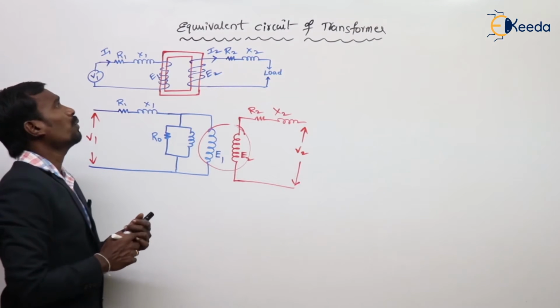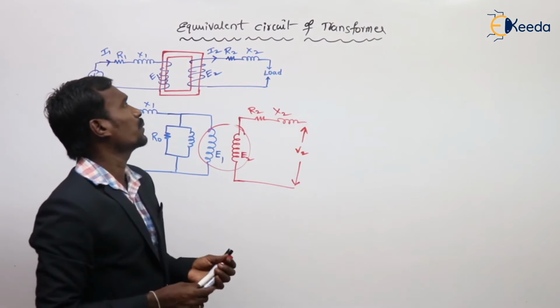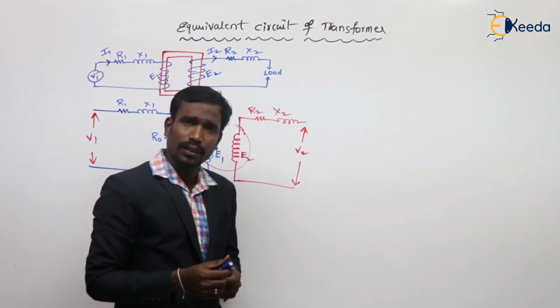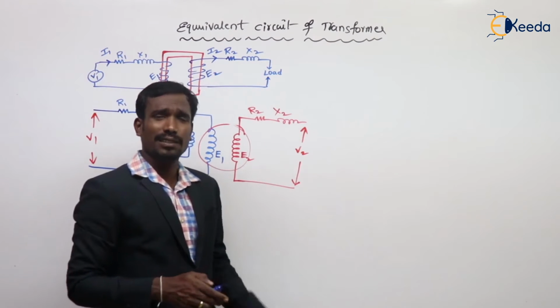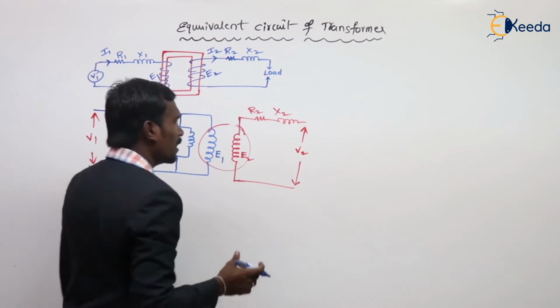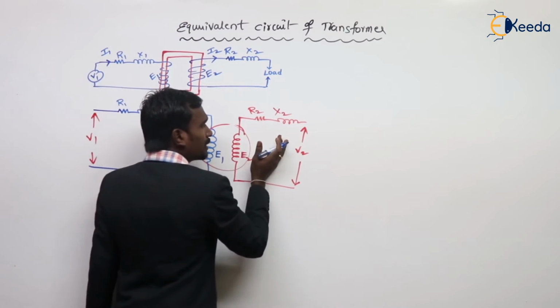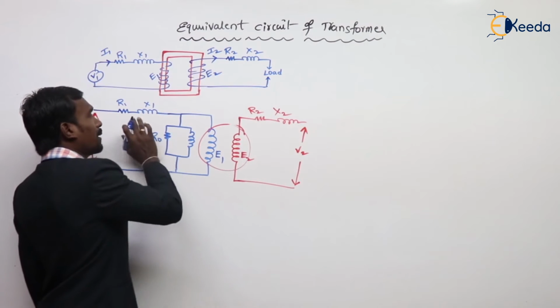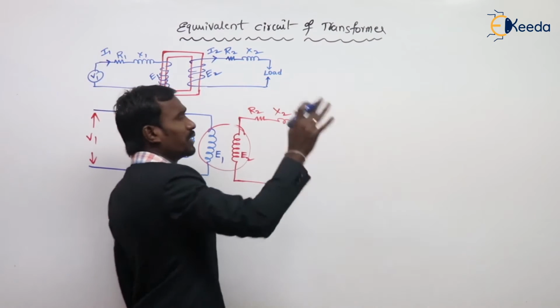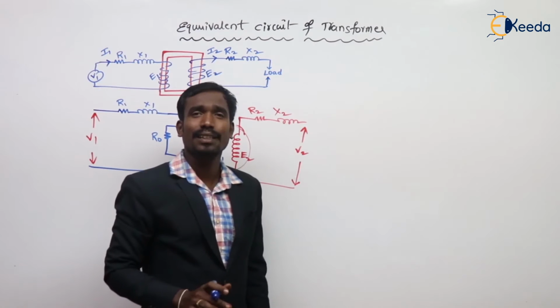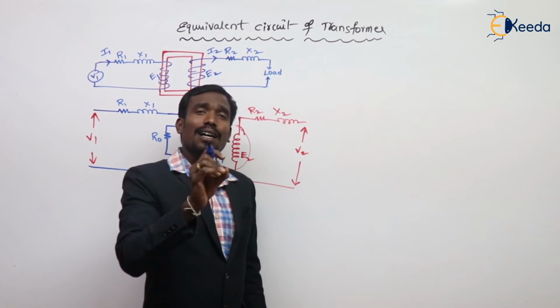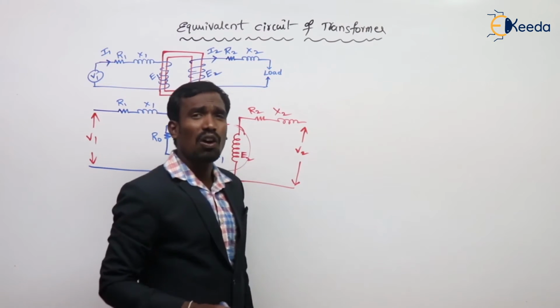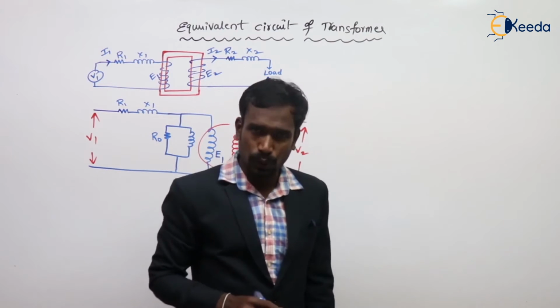This is the transformer circuit, but we want the equivalent circuit of our transformer. So what does equivalent circuit mean? Here the secondary parameters are either transferred into the primary, or the primary parameters are transferred into the secondary. Then the resultant circuit is called the equivalent circuit.